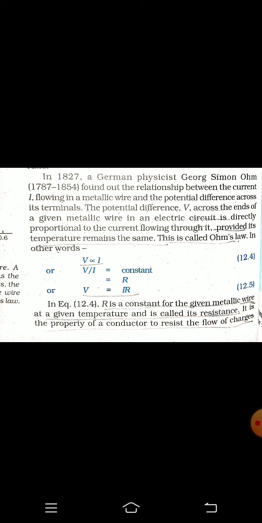So what is resistance? It is the property of a conductor. Conductor means that which can conduct electricity. Here, the conductors are wires in this electricity. So it is the property of a wire, in other words of a conductor, to resist the flow of charges through it.